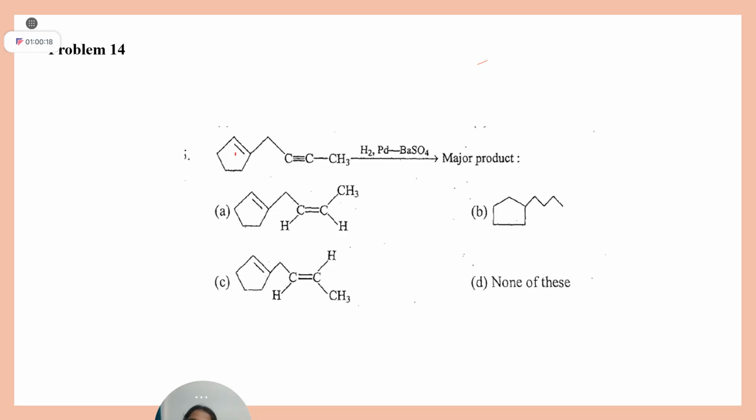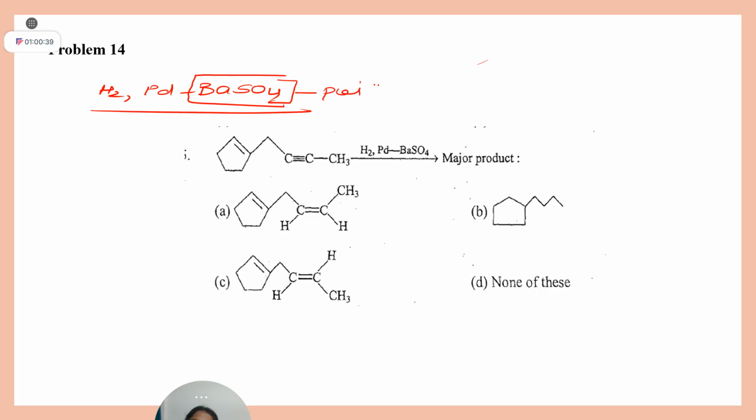So students, to solve this question, first of all, write in the chat box what is the name reaction used for H2, palladium BaSO4. BaSO4 is nothing but your poison. What I say is poison. It works here as a poison.